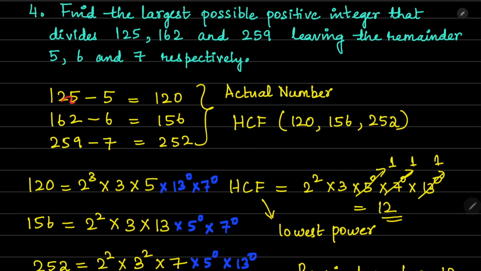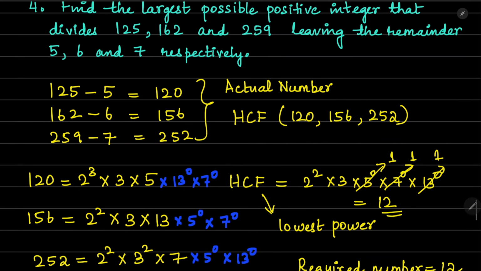However, if you divide 125 by 12, it will leave a remainder 5. If you divide 162 by 12, it will leave a remainder 6. 259 divided by 12 will leave a remainder 7. However, 12 is perfectly divisible for all these three numbers. So that is one of the most frequently asked questions.